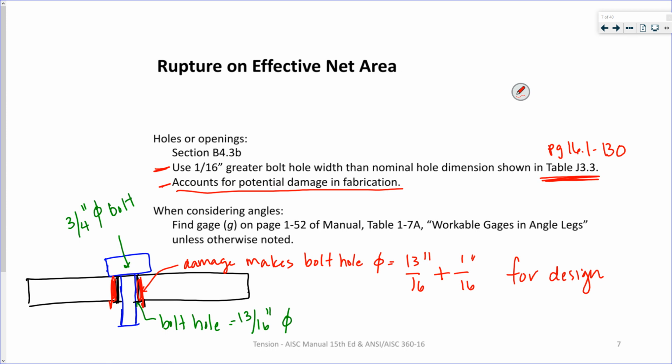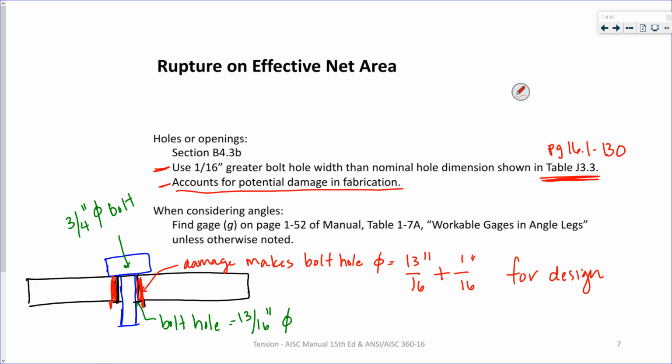Where was that? Maybe I was on the wrong page. Okay. That means how far apart you can actually have bolts trained on angles.